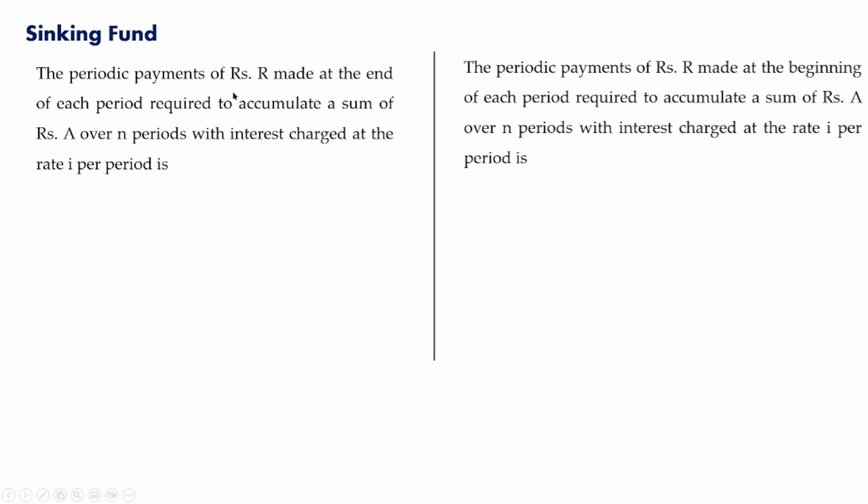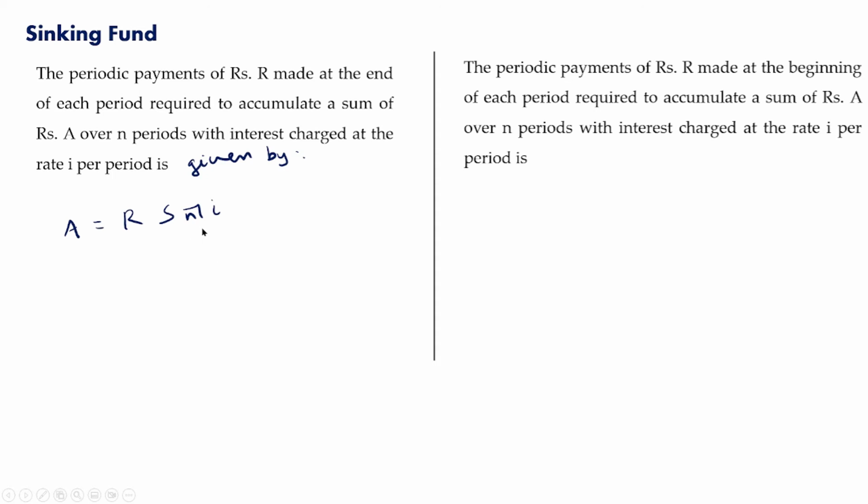The periodic payments of rupees R made at the end of each period, required to accumulate a sum of rupees A over n periods with interest charged at the rate of I per period, is given by this formula: A equal to R into S angle n at rate I per period. This is the notation which is usually used in actuarial science.